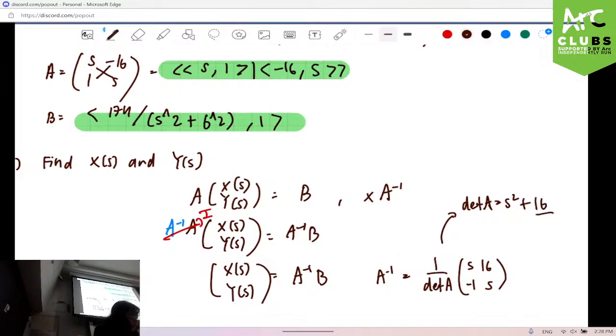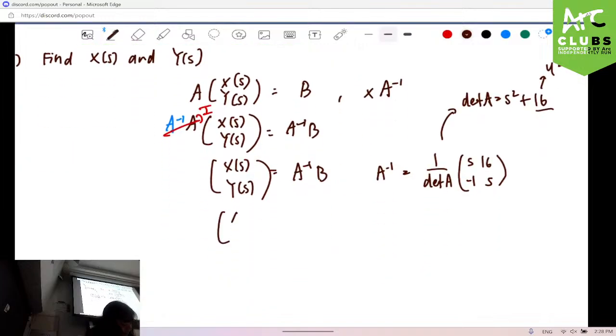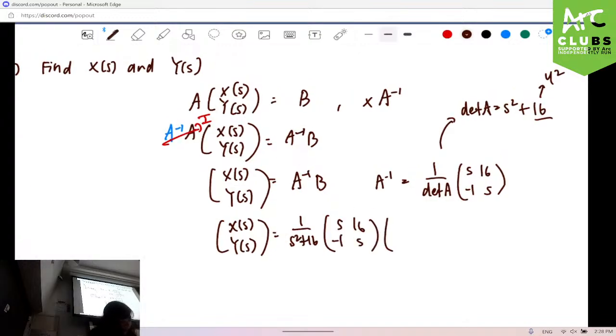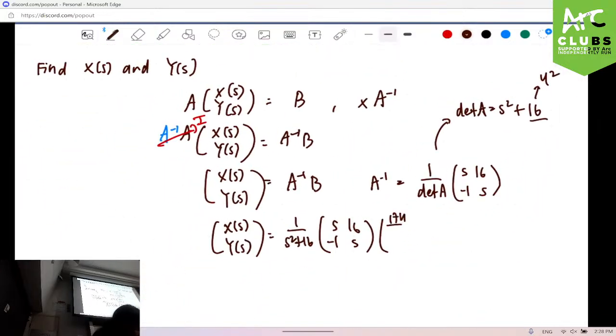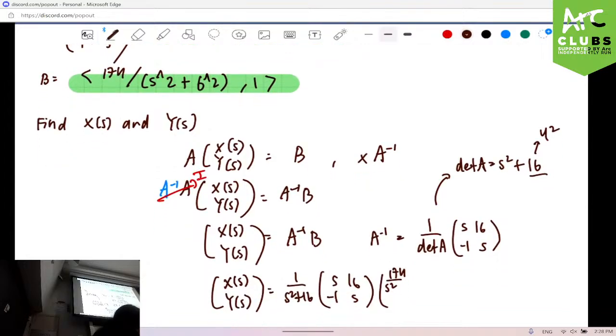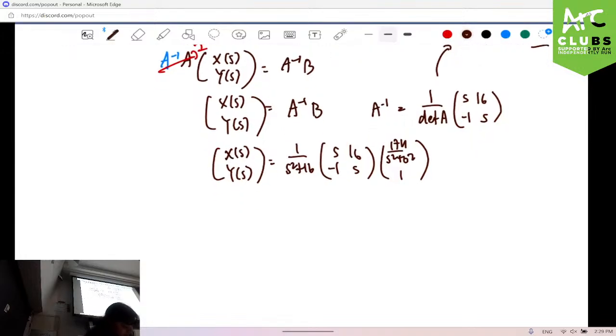It might be useful to write this out as 4 squared. So let's write it out. X(s) Y(s) equals 1 over s squared plus 4 squared, times the matrix s, minus 1, 16, s, multiplied by B, and B is this, s squared plus 6 squared, and 1.